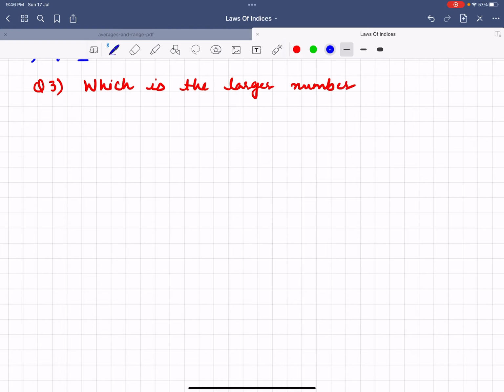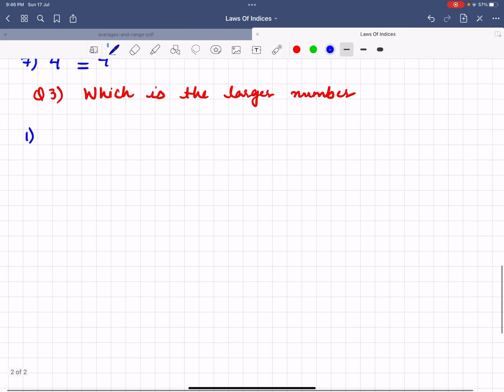So question 1, we have 10 to the power of 2 multiplied by 10 to the power of 2, we need to compare it with 10 to the power of 5. So clearly the greater power is 5, therefore 10 to the power of 5 is greater.